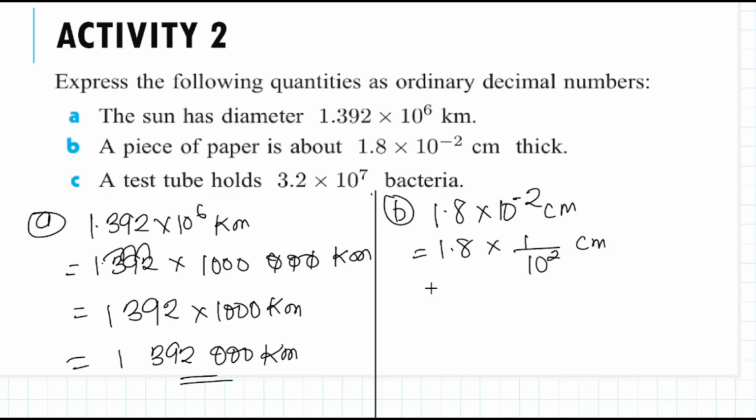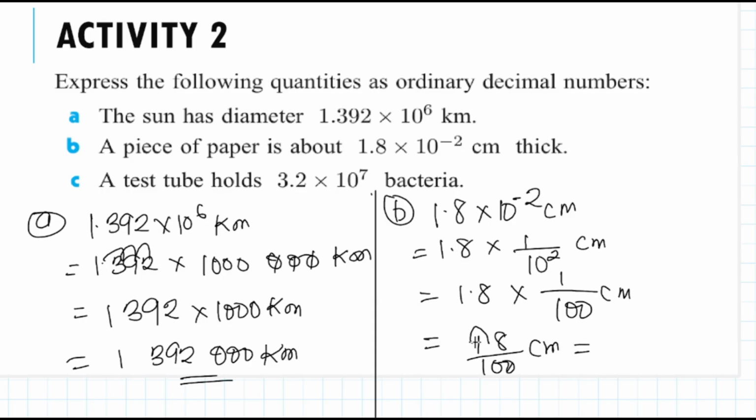So you will use the negative index, bring down the power, that will be 1.8 times 1 over 100 centimeters, which is 1.8 divided by 100 centimeters. And then when you are dividing by a power of 10, the decimal point moves backward. So the decimal is here, and that will be 0.018 centimeters as the answer. So this is how you change from standard form to ordinary form, guys.